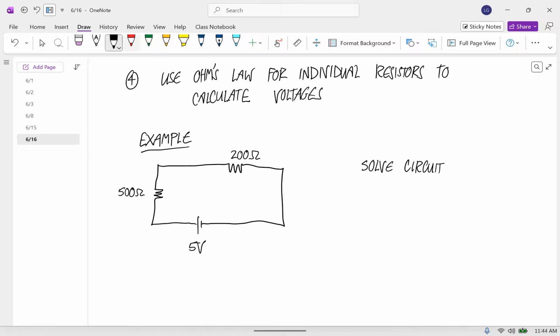And so we're going to lump these two together as if they were one single resistor. And the resistance of that is 500 plus 200. So that's a 700 ohm resistor.